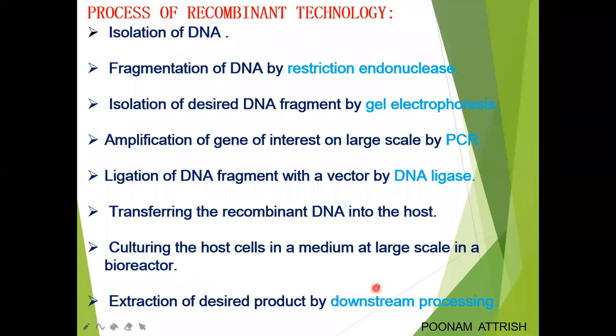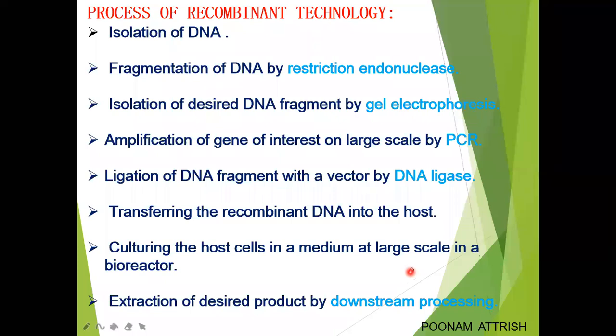For example, say insulin. We are going to isolate insulin from the bioreactor. It has a lot of impurities. So with the help of downstream processing, we can purify and isolate our desired gene product, which we call recombinant protein, which may be a therapeutic drug, in purified form.